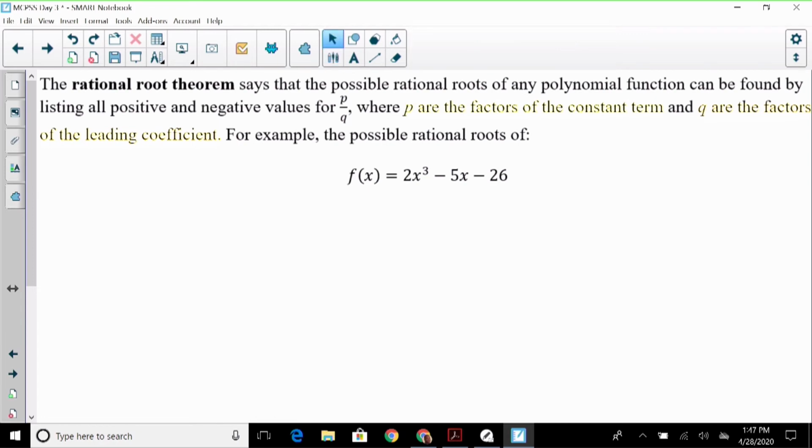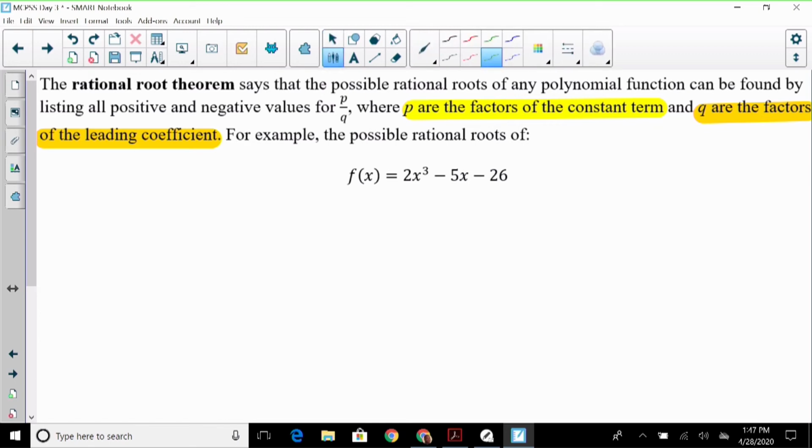Rational root theorem. To find the possible rational roots, you want to take the values of p and the values of q and create a ratio of p to q. All of your possible rational roots, p to q, where q are the factors of your leading term and p factors of your last term.